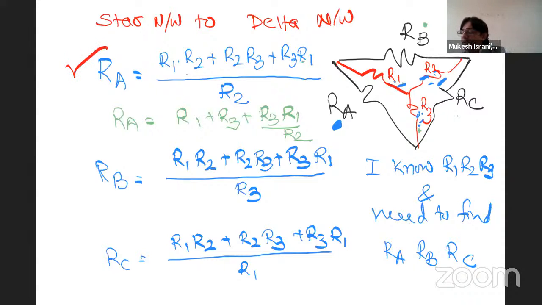Because you don't have to learn the formula. Just multiply R1 with R2, then R2 with R3, then R3 with R1. Keep it in the numerator everywhere. For RA, take the opposite resistance which is R2. For RB, take the opposite resistance R3. And for RC, take the opposite resistance which is R1. Am I clear here?